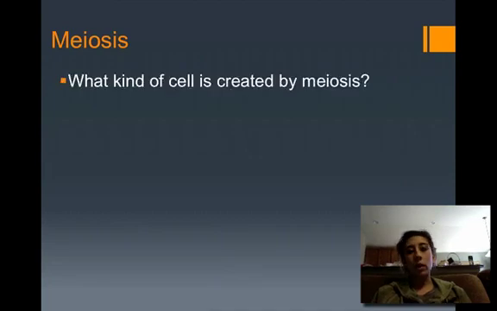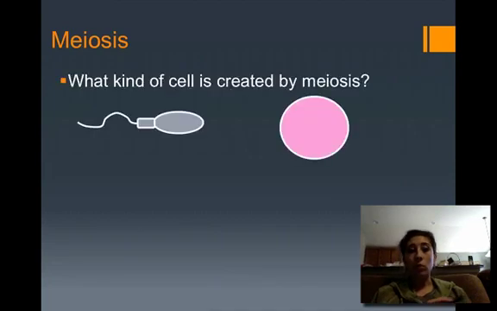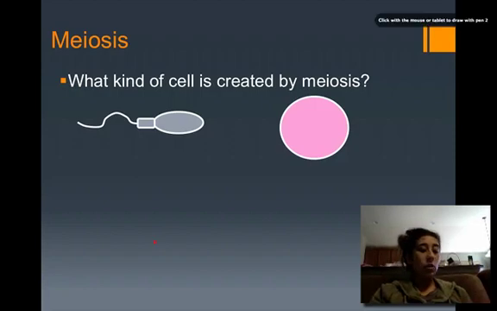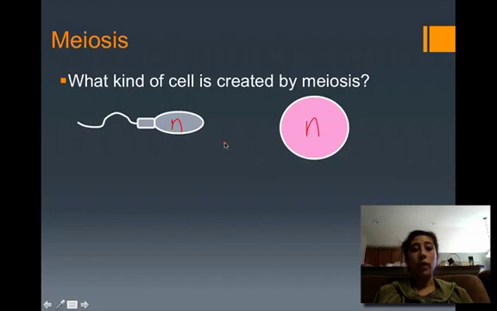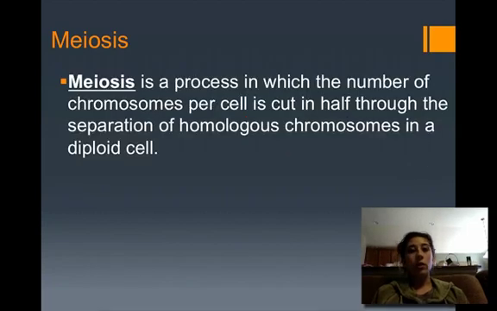So in meiosis, just to remind you, we are talking about the creation of sperm and egg, where each of these represents only haploid, right? That is why when you put these together, you get something that is diploid. Just to plainly put it, meiosis is a process in which the number of chromosomes per cell is cut in half through the separation of homologous chromosomes in a diploid cell.